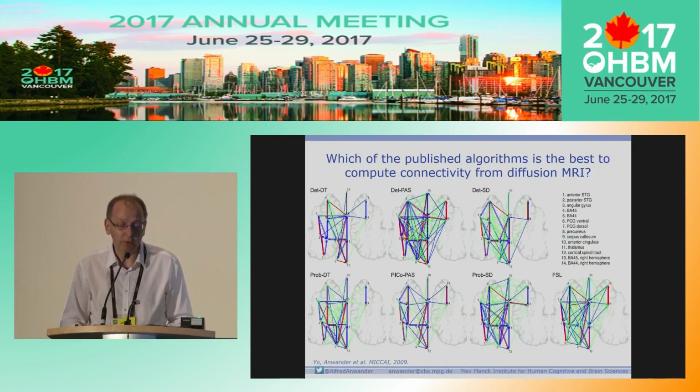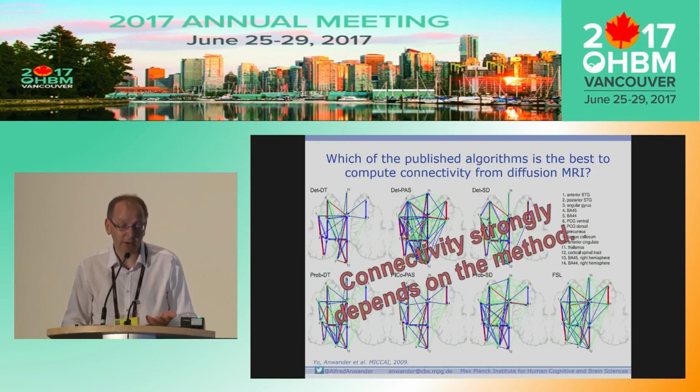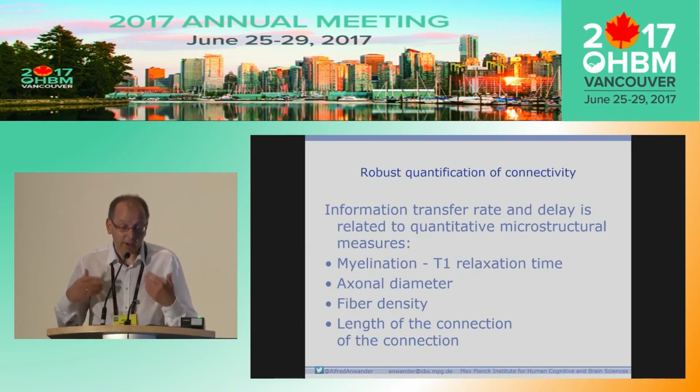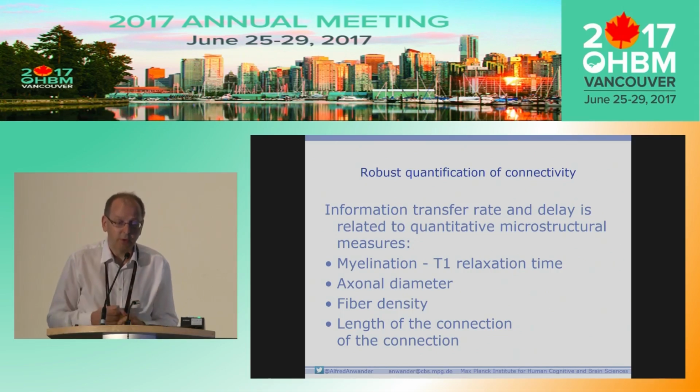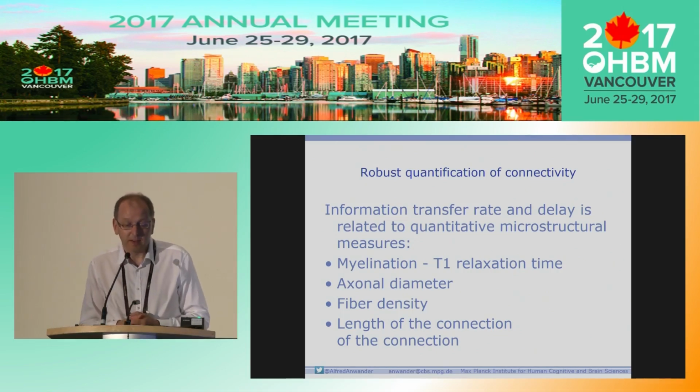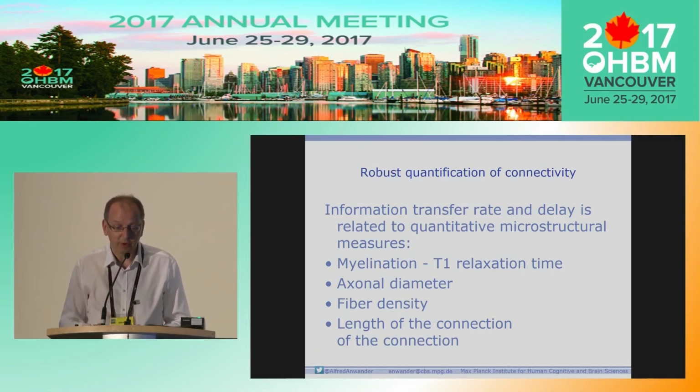So what can we do if we cannot go in this way? We can take a different way to quantify connectivity. One way, which was also mentioned before already, and which will be picked up later also by Yeatman, is to use quantitative measures along the tract.